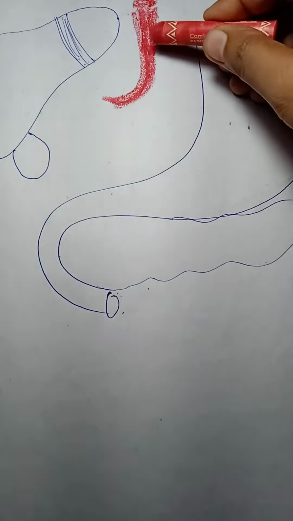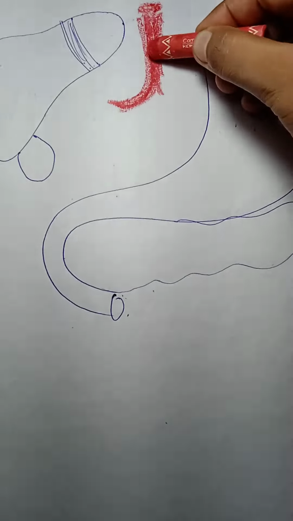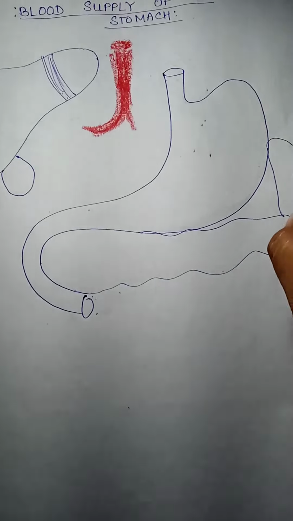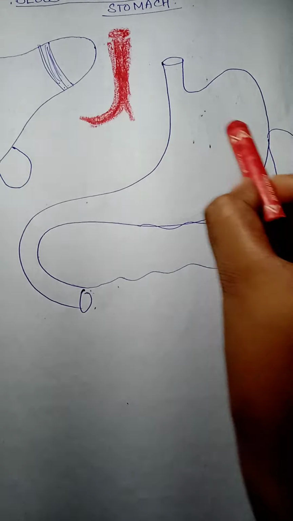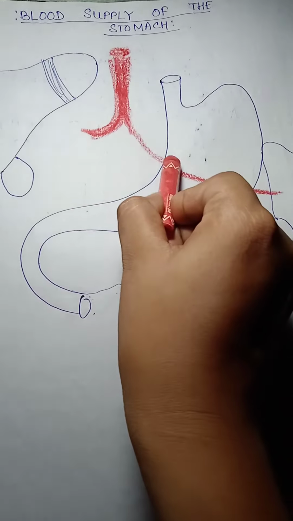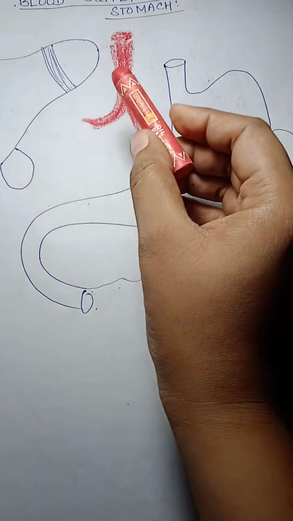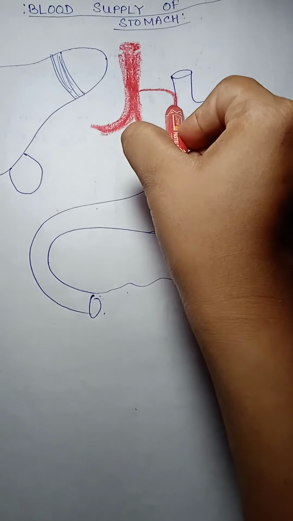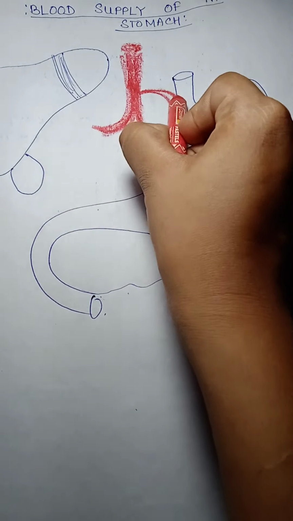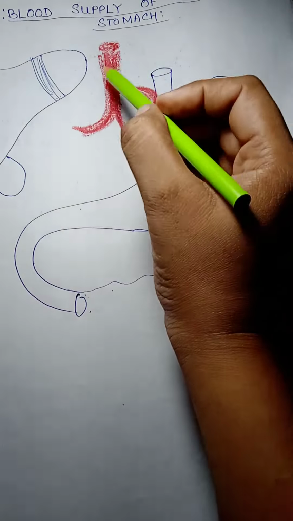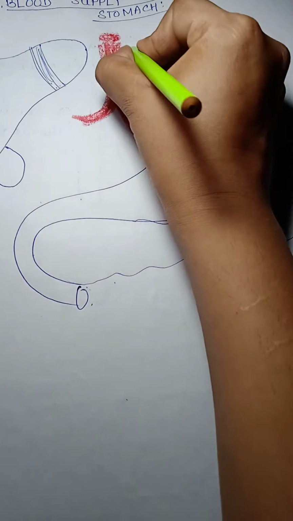Then the other one is the splenic artery. This is the spleen. Again I am telling you to consider this to be a hypothetical diagram. This is the splenic artery, and one more artery that is arising is the left gastric artery. So these are the three divisions arising from the celiac trunk.